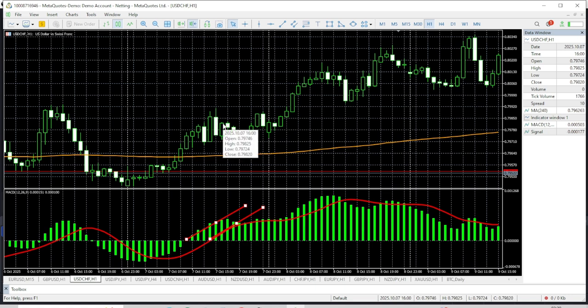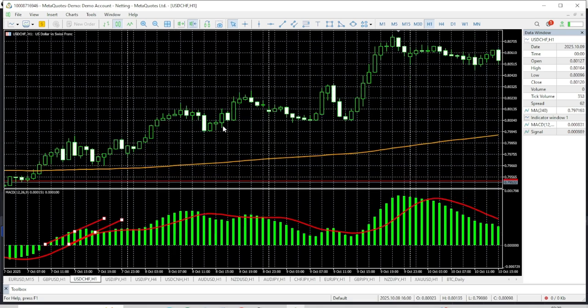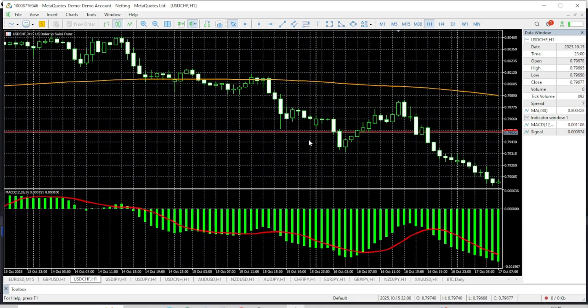So for the sell conditions, MACD must be below the zero line. Here, the MACD is below the zero line. The histogram is expanding downwards. So when the histogram is expanding downward, that means it is increasing in the down direction.